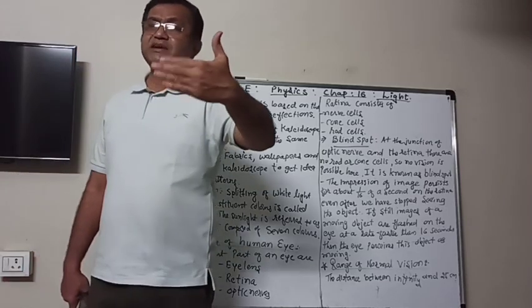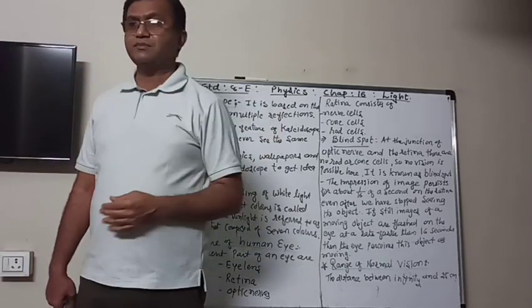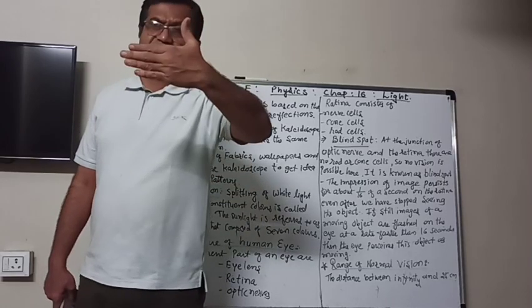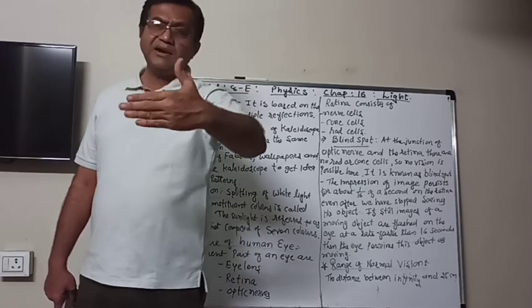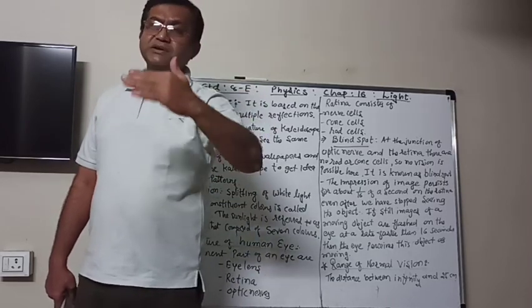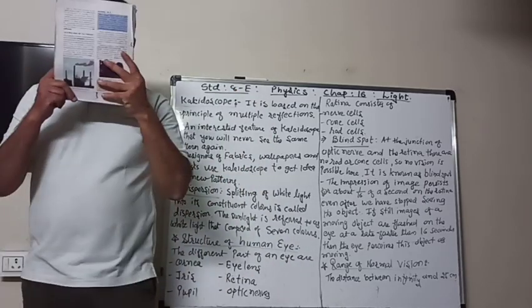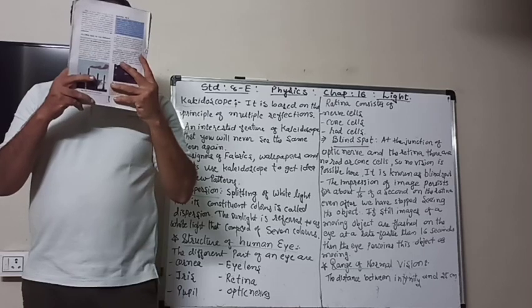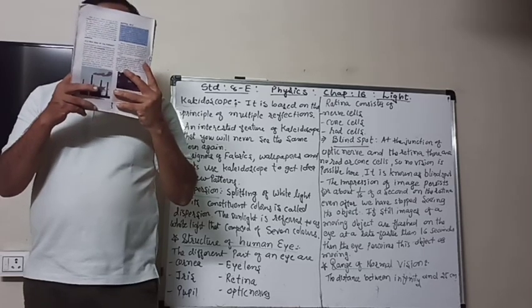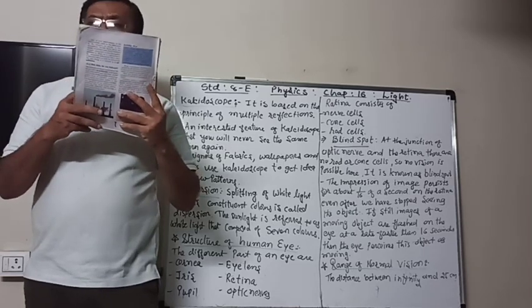That 25 centimeters is also known as the near point. Near point means that we can see only objects beyond 25 centimeters, not before that. If you try to read keeping the book nearer than 25 centimeters, it will be difficult for you.